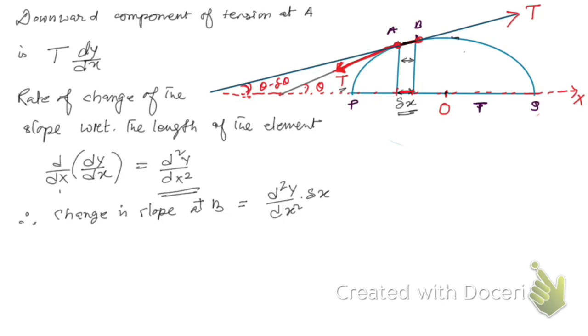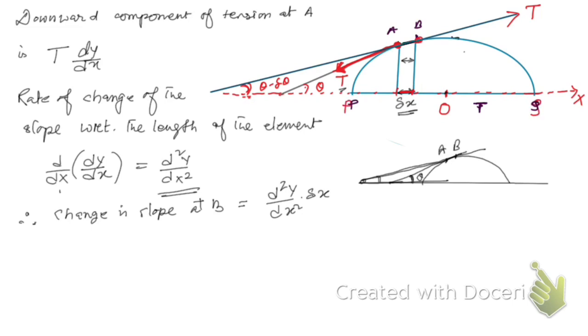So now you see, this is the tangent at A suppose, and the tangent at B is this. The angle made by the tangent at A with the x-axis is obviously greater than the angle made by the tangent at B with the x-axis, which is smaller, because you can see it clearly from the diagram.